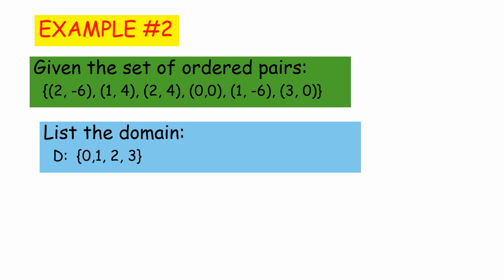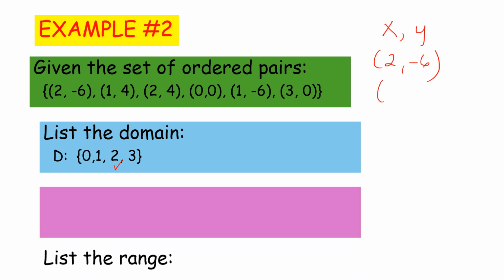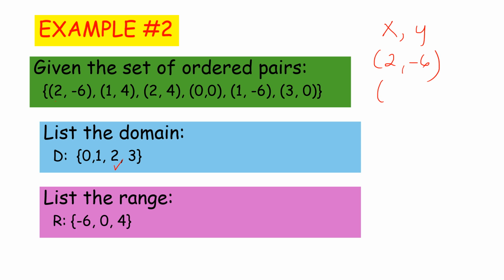So there's a 2. Remember, the coordinates are written x, y. So the first one is 2, -6. So we're going to take the value 2 as our domain, and the range would be the -6, as you can see here.